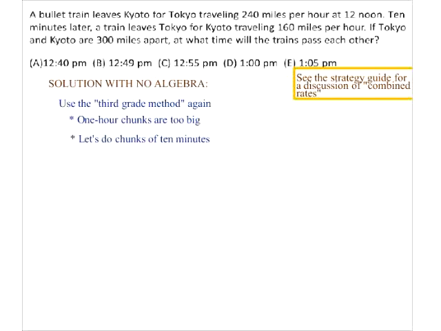So train A, the train from Kyoto, is going 240 miles per hour. So that's 240 miles per 60 minutes, which means it's going 40 miles per 10 minutes. You just divide by 6.